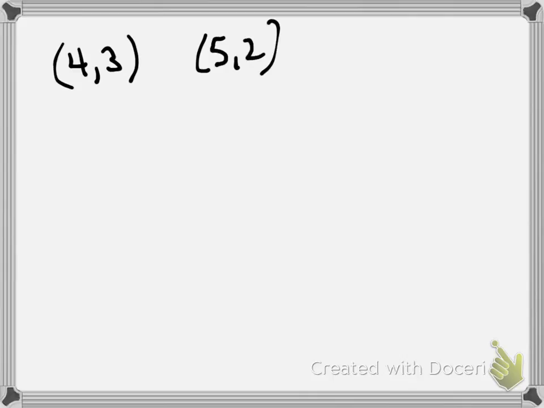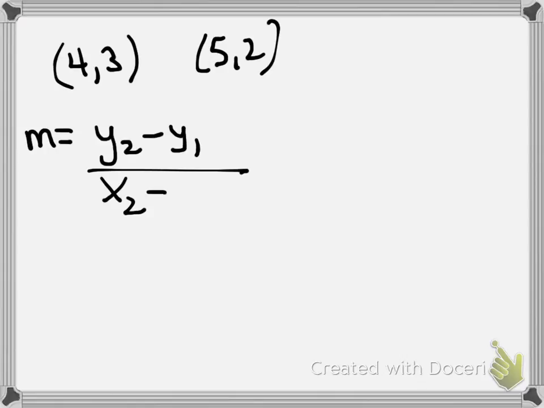So for instance, number 21, you're given 2 points, and you're trying to find the equation of a line. Well, from those 2 points, you could definitely find your slope. So m equals y2 minus y1 over x2 minus x1. And we're going to assign a number. So I'm just going to make this be point number 1 and that be point number 2. Therefore, my y2 is 2.